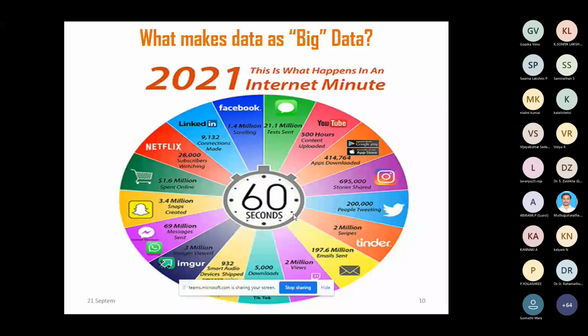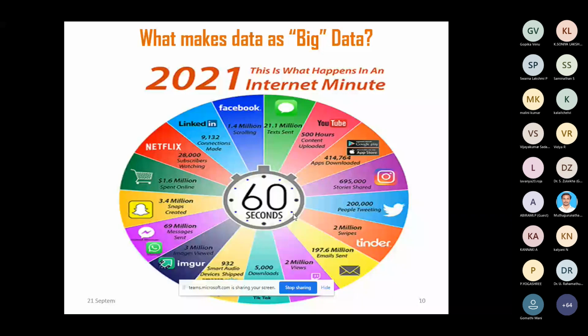If you think about this, a huge amount of data is being generated, and the traditional resources we have are not sufficient to handle such a huge volume of data. That is the reason we are looking for a technology or an analytical tool that helps to get some insight from this huge volume of data.